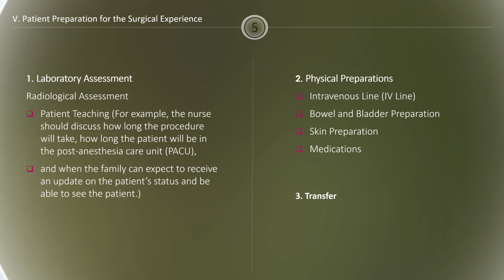Bowel and bladder prep required for abdominal, intestinal, and gynecologic or rectal surgery. May involve enema or laxative night before. Nurse confirms and documents completion. The skin preparation is the purpose to prevent surgical site infection.